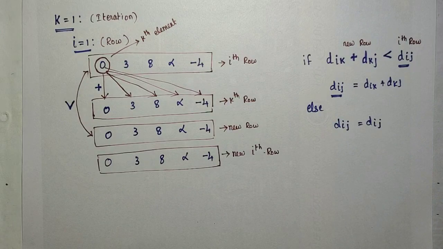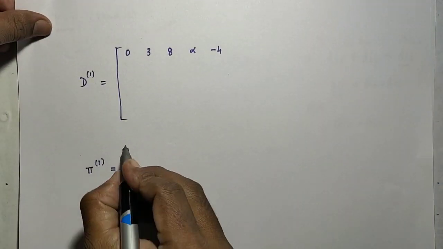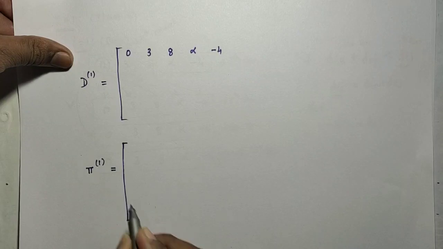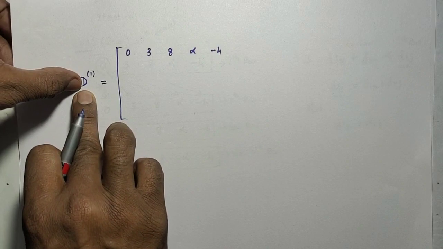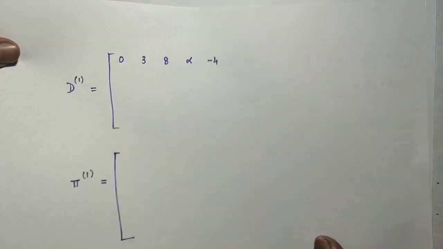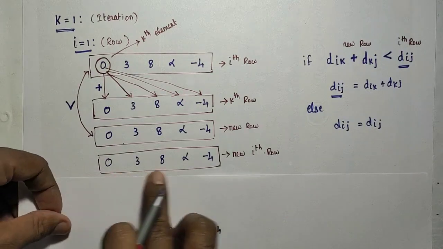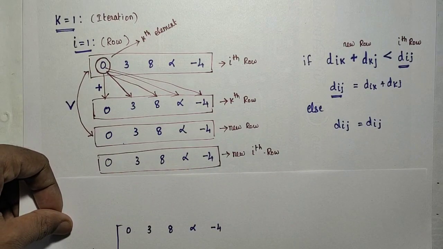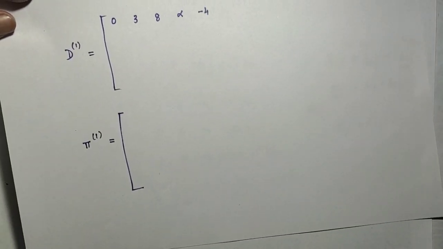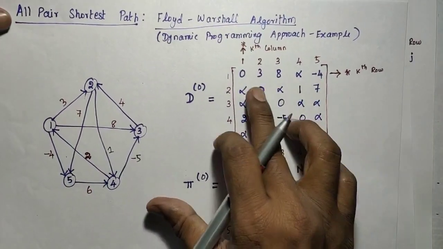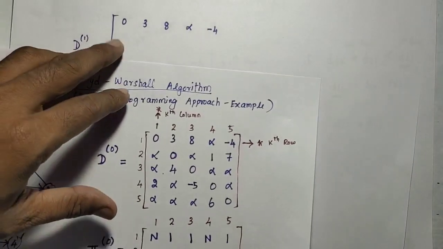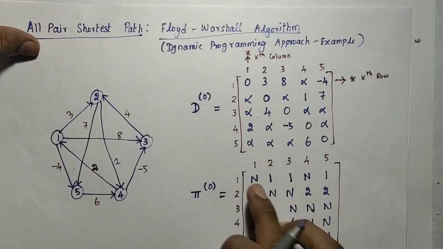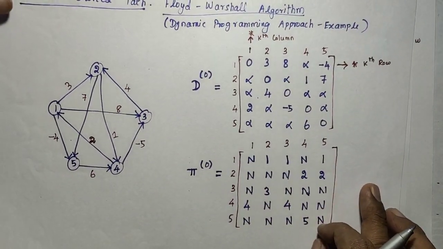While updating, what needs to be updated is the corresponding pi matrix, and that updation depends on the previous value of the distance. If there is no updation, we can write the old parent as it is. This here is the D of 0 version. In this row there is no change, so the corresponding parent details need to be copied as it is.